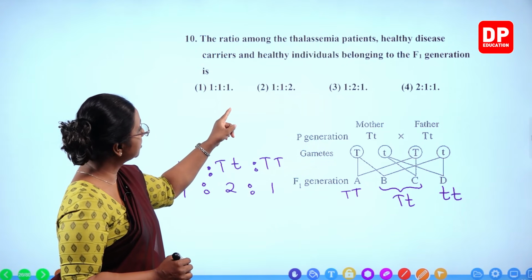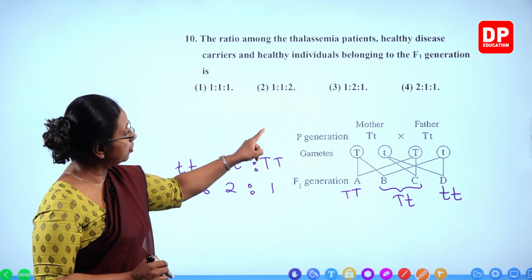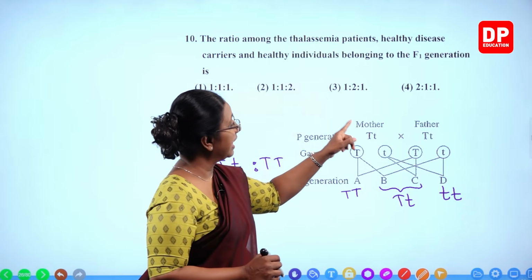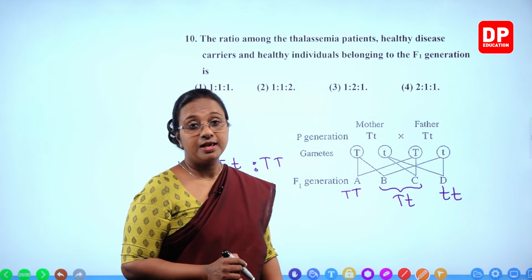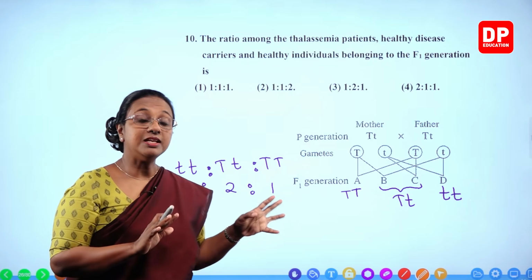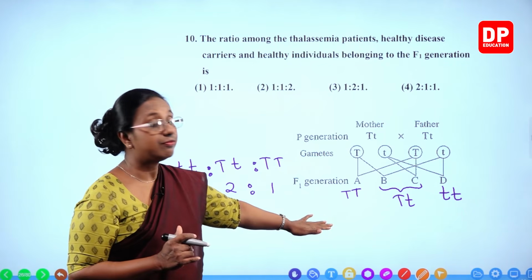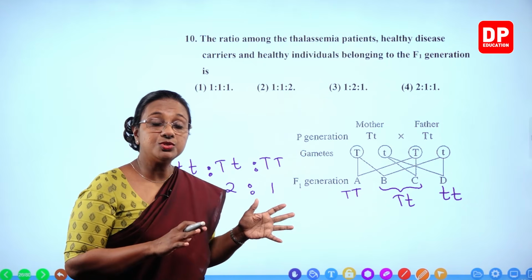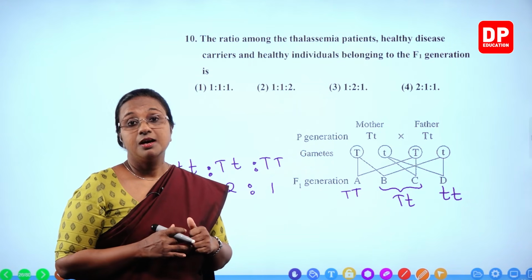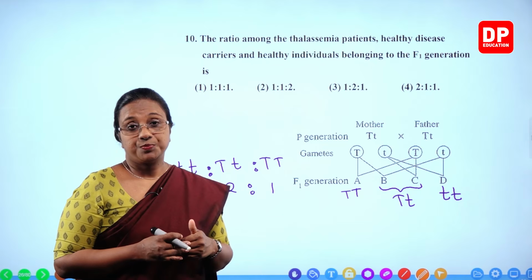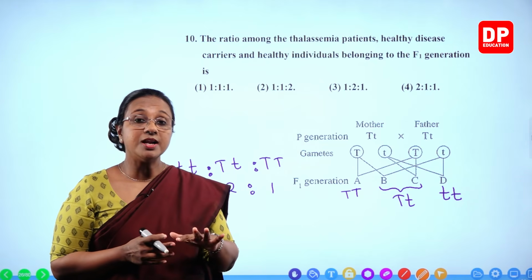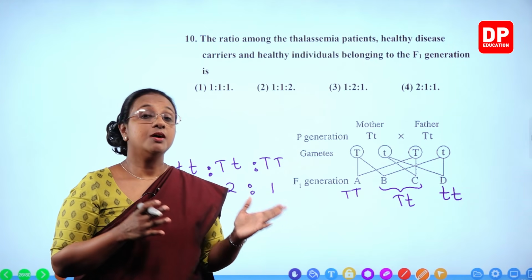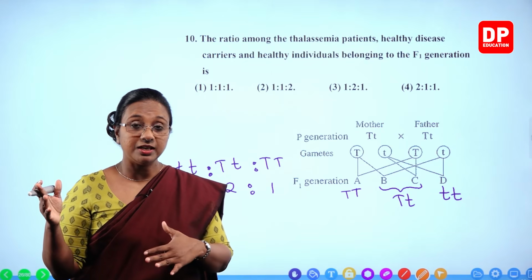The answers are 1:1:1, 1:1:2, 1:2:1, and 2:1:1. Students, when finding the F1 generation we were used to Mendel's ratios: 3:1 phenotypic ratio, 1:2:1 genotypic ratio.